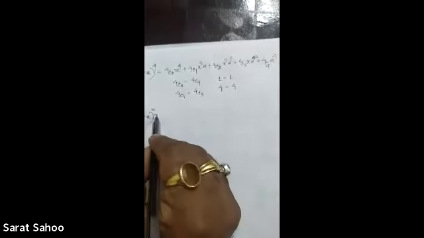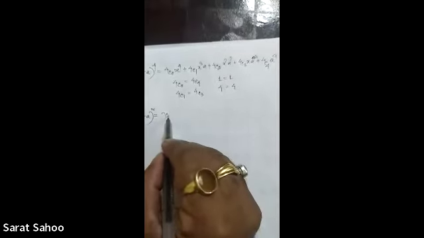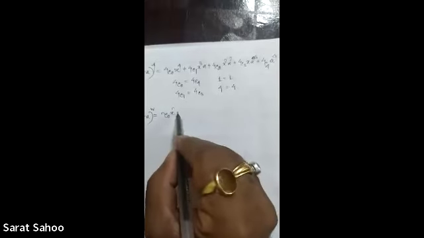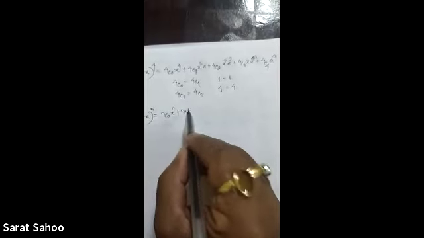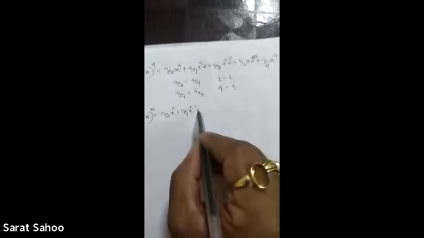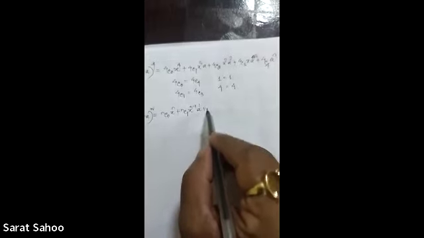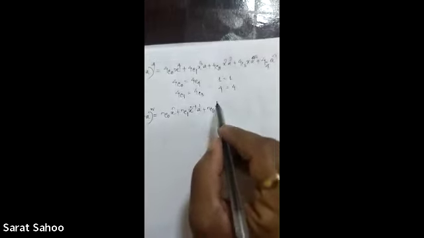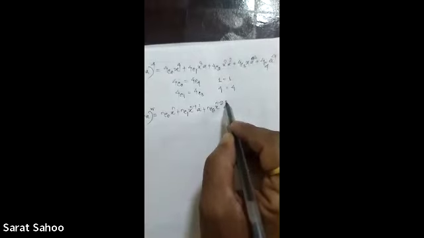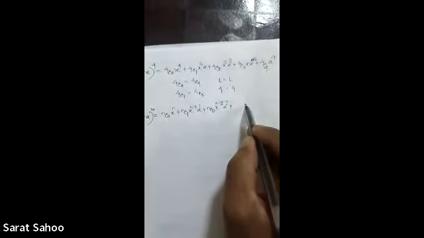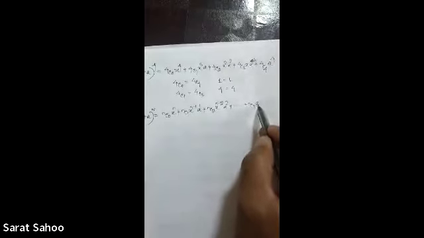Okay. Before going to fact number 4, let's come to the expansion of (x + a) raised to the power n. (x + a)^n is nC0 x to the power n plus nC1 x to the power n minus 1 a to the power 1, nC2 x to the power n minus 2 a to the power 2, plus up to nCn a raised to the power n.